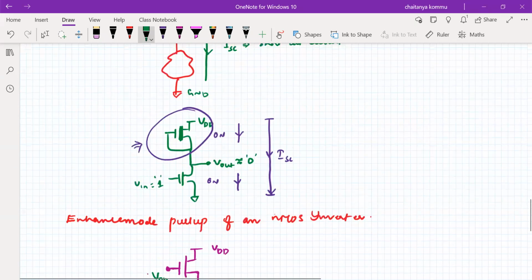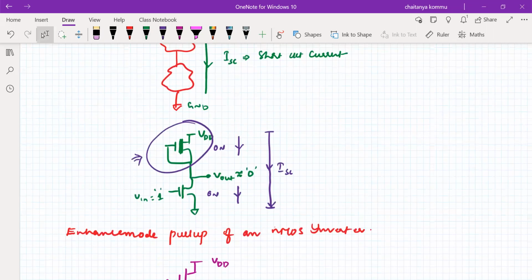For the depletion mode transistor we have seen, if you take X here, or P here, we have to consider 4 times of this size. That means the size of the depletion mode transistor in an IC also increases, so that must be avoided.